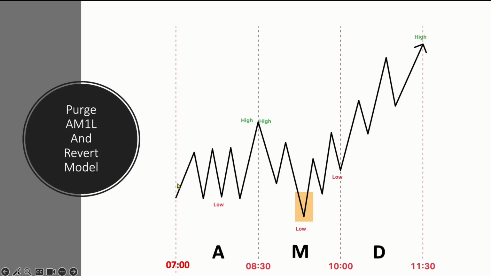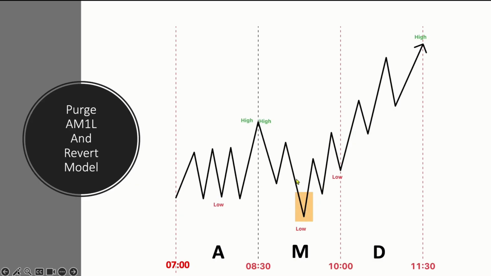This occurs when the first AM cycle has been a consolidation, when the market went sideways, then at 8:30 the market begins to run lower, purging the sell side liquidity below 7 to 8:30, below that first AM cycle. Smart money buys down here.